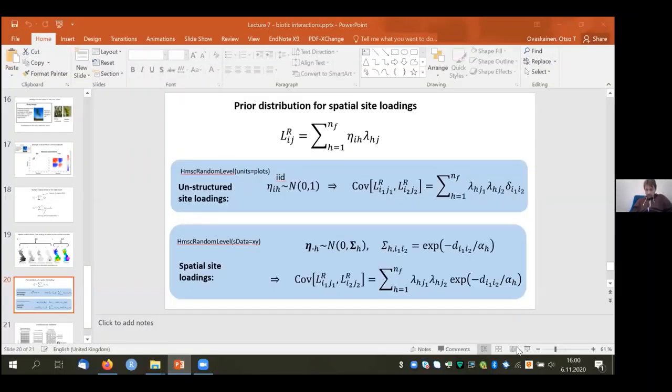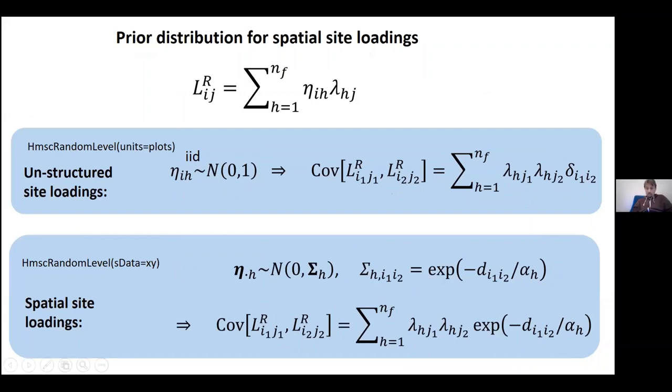The issue is that when we implement these spatial or temporal or whatever site loadings, we estimate the spatial scale parameter alpha. And in one-dimensional space, for example, time, this alpha is in the units of time. That's okay. In two-dimensional space, like x and y coordinates, like we often have with terrestrial data, alpha is the distance between the sites in that two-dimensional space, so that's good as well.